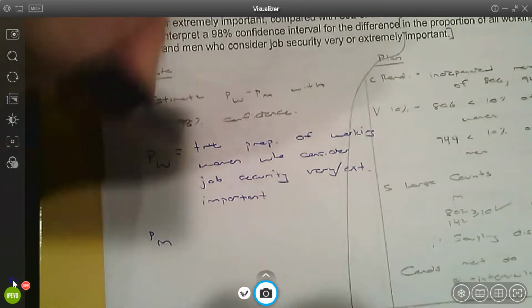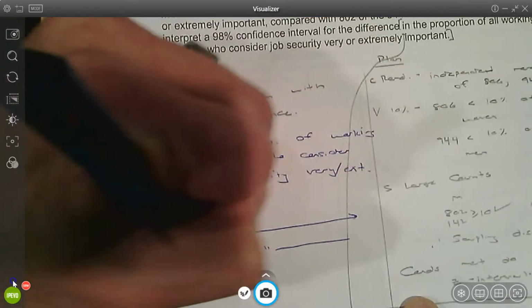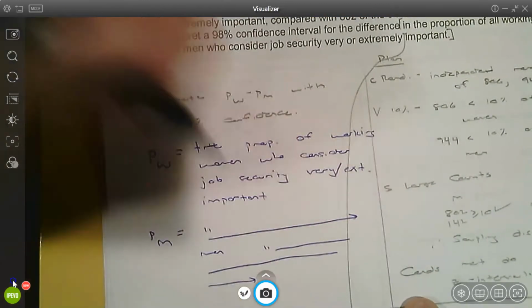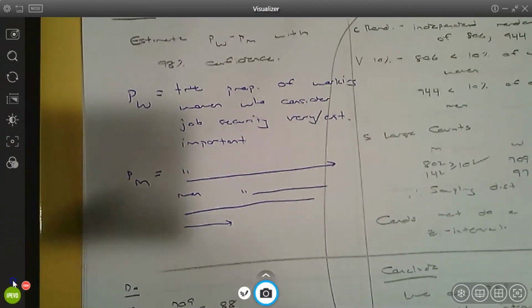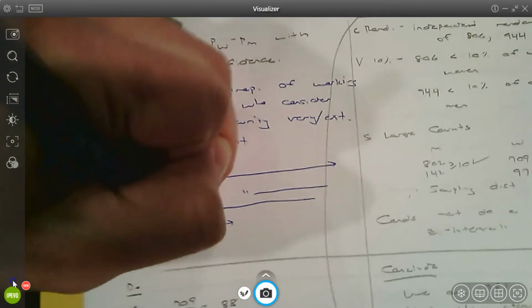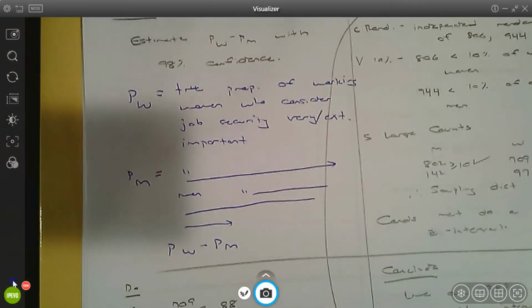P sub M is the true proportion of working men who consider job security very or extremely important. All right. And I've decided to set this up as P sub W minus P sub M. Doesn't matter which way you do the subtraction. We talked about the difference earlier in the lesson.